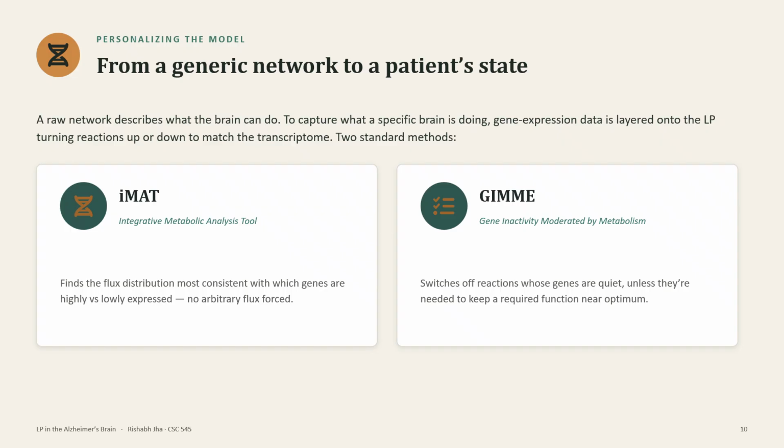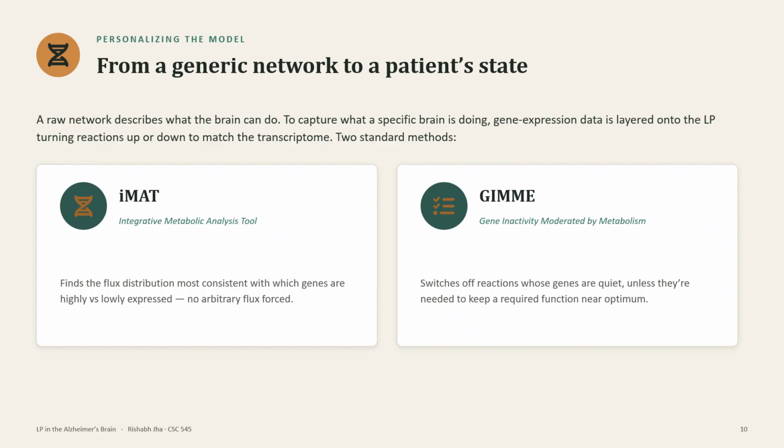GIMME stays a linear program. It requires a metabolic function to stay near optimal, then minimizes a weighted sum of absolute fluxes through reactions whose genes are quiet.